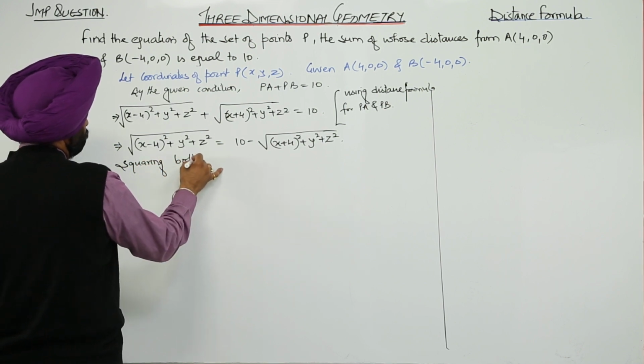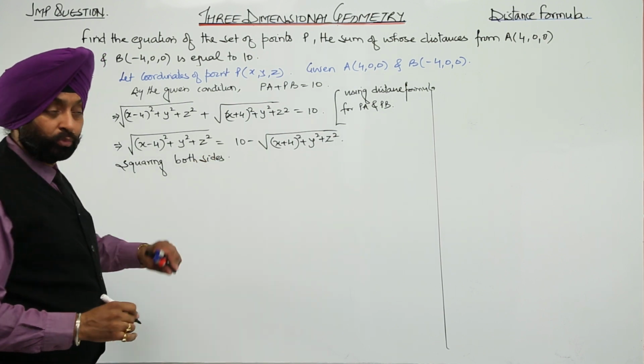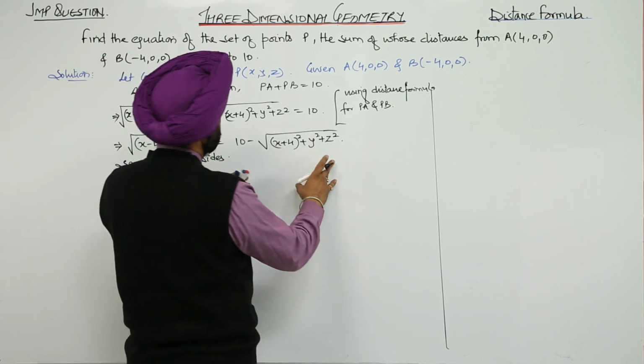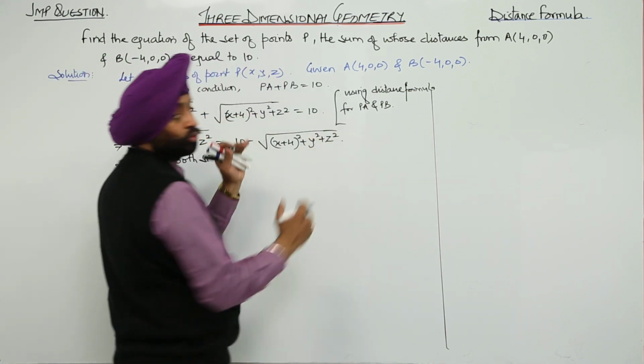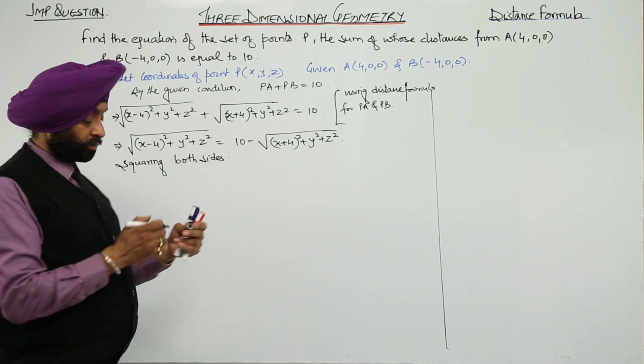Now squaring both sides. Now remember one thing, when you are squaring both sides, squaring this side means we are putting a bracket here and then squaring it. We have to follow the identity. Don't individually apply the square here. Okay.